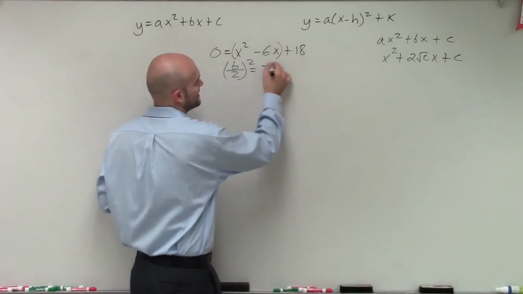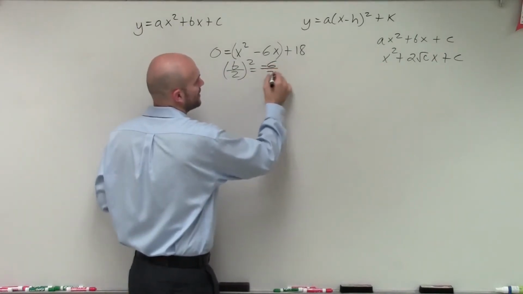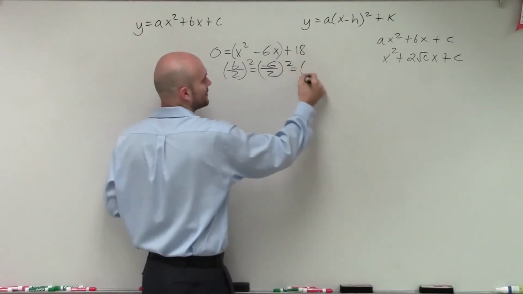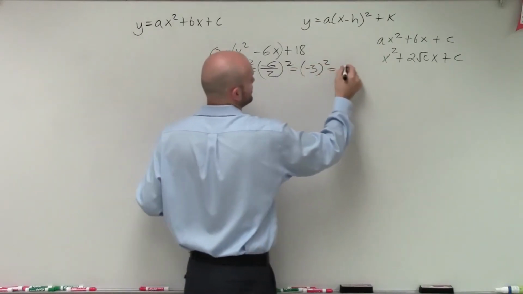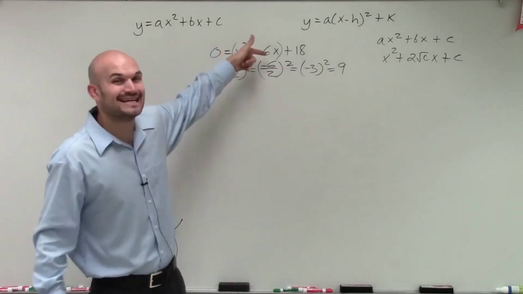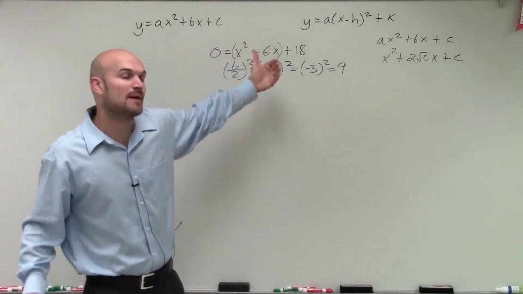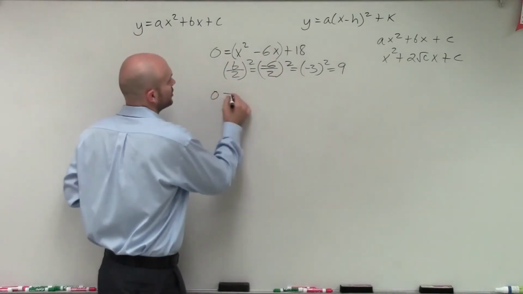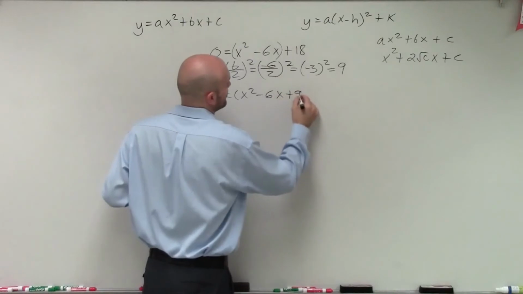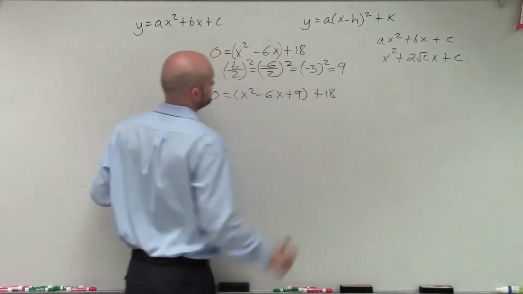So I take negative 6 divided by 2, which is negative 3, squared, which equals a positive 9. Now I'm going to add that value inside my parentheses to create my perfect square trinomial. 0 equals x squared minus 6x plus 9 plus 18.